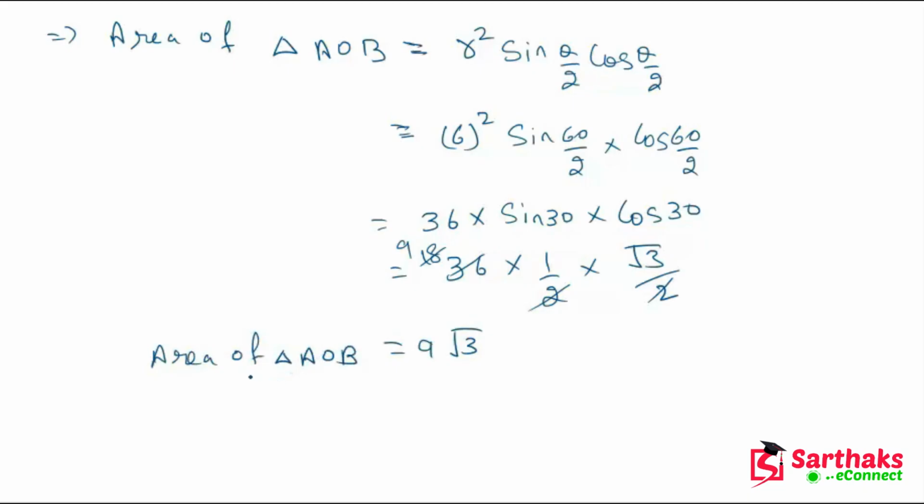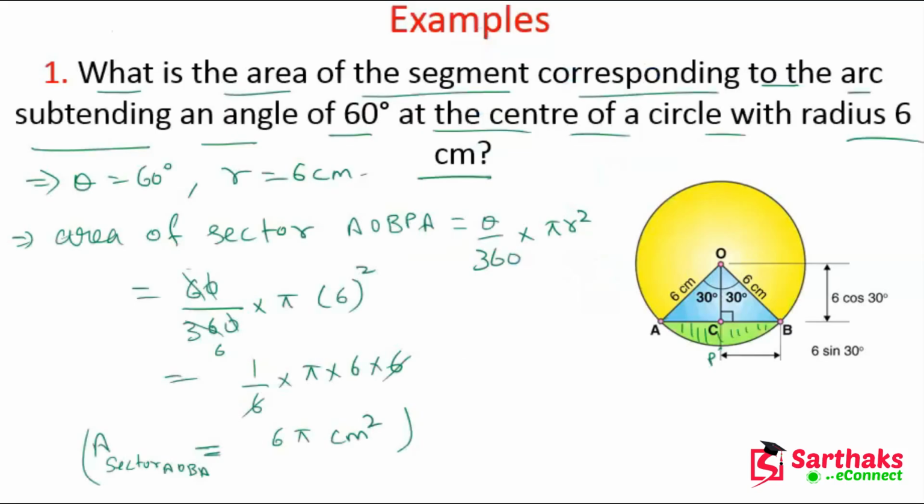Okay, my dear friends. So now we have the area of sector and we have the area of triangle. So with the help of these we can easily find the area of segment ABPA. Let's find that.